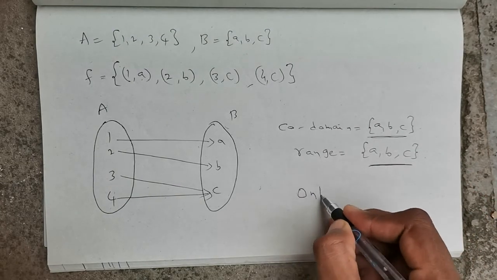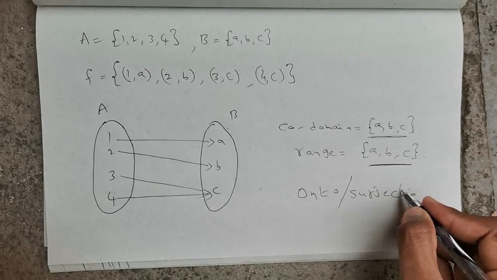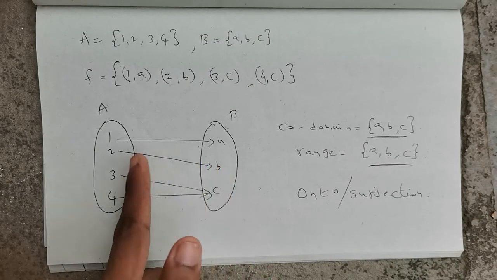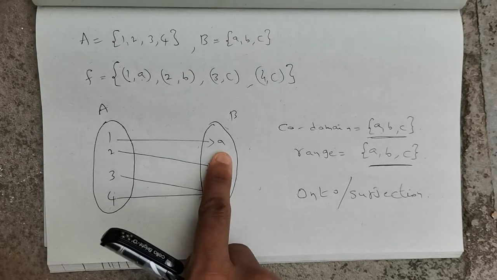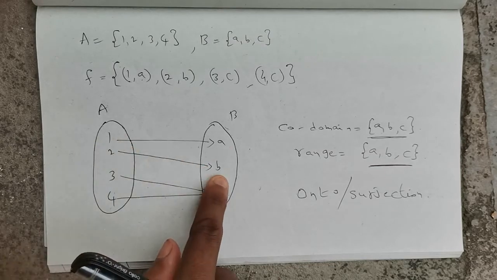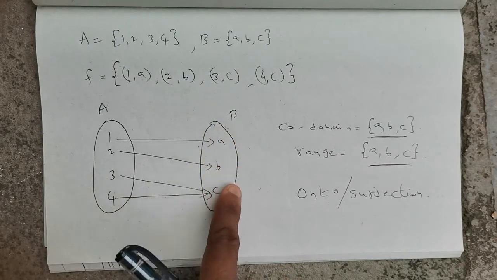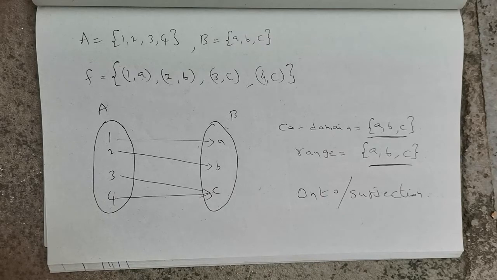Then this is onto function or surjection. Onto or surjection. Till now I am saying a reverse connection, that is called as pre-image. A has pre-image 1, B has pre-image 2, C has pre-image 3 as well as 4. So every element from set B has a pre-image, so it is onto function.